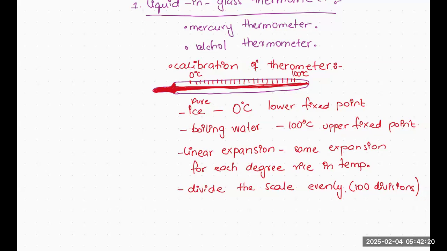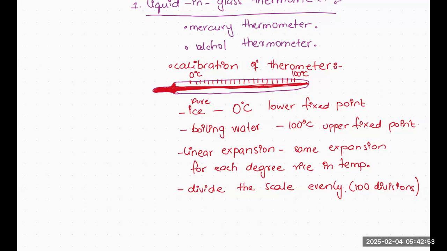For example, if I want a scale that is going all the way to 1,000 degrees, I can even use the freezing point of gold or the freezing point of silver. That will give me a really high temperature. So we're using water if you want a small scale, but if you want a really large scale, you can even change up the values.